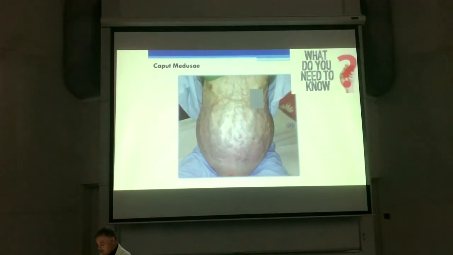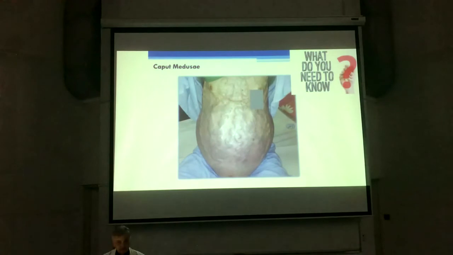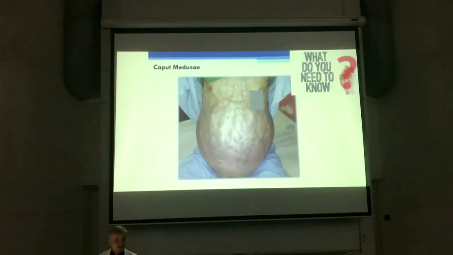Blood will try to find its way to the systemic veins. And there are 4 areas called portosystemic anastomosis. We've seen the ones in the lower part of the esophagus, and around the umbilicus is another site. So this is a case of severe liver cirrhosis.